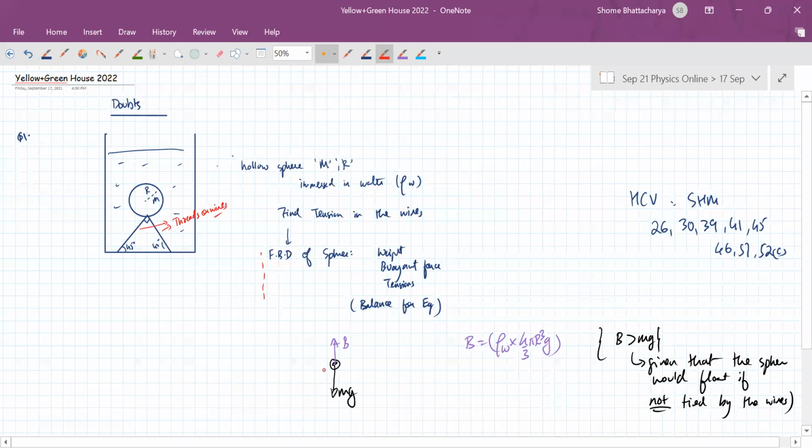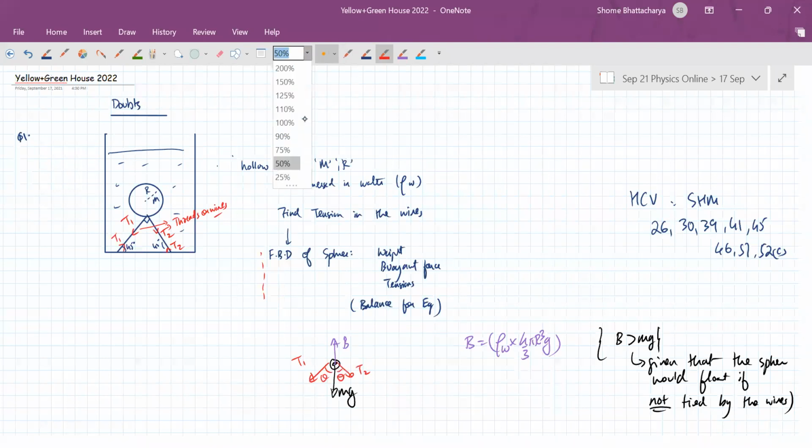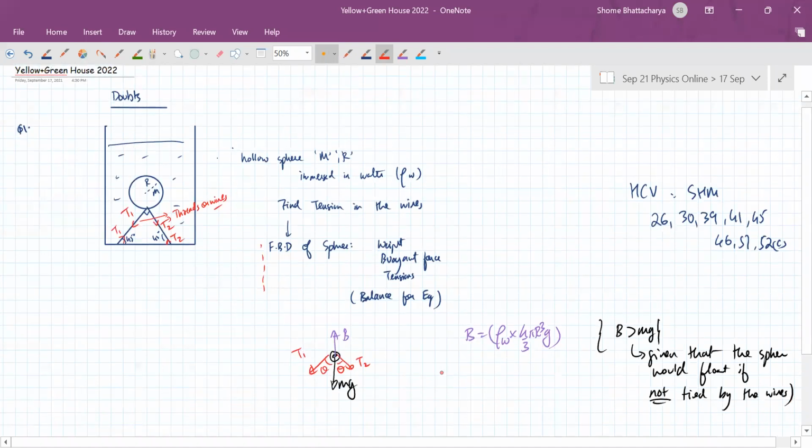Okay. And therefore, if this tension is, let's say, T1 here, this tension is T2. So from symmetry, you'll see T1 and T2 are equal because they're acting at symmetrical angles. So the equilibrium condition now is that buoyancy has to be the sum of the vertical components of the tensions and the weight, and theta is equal to 45 degrees.